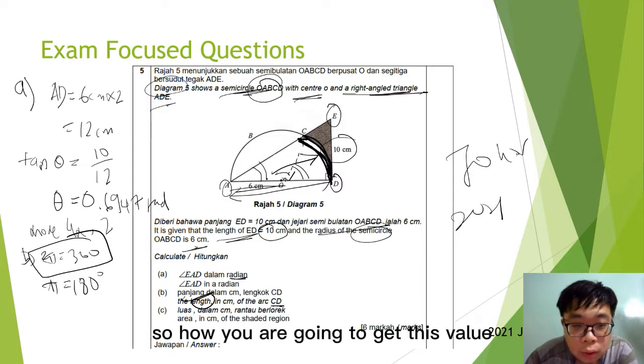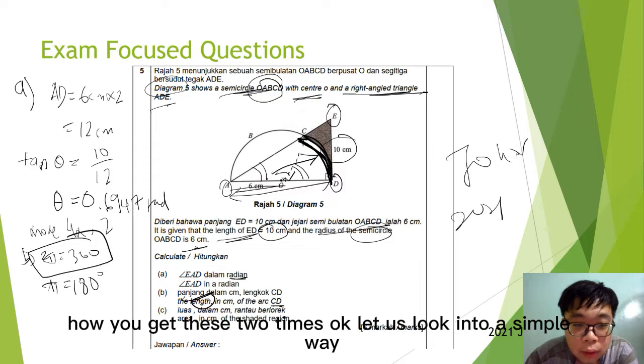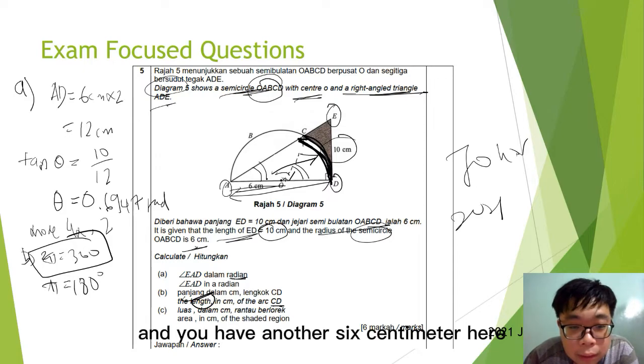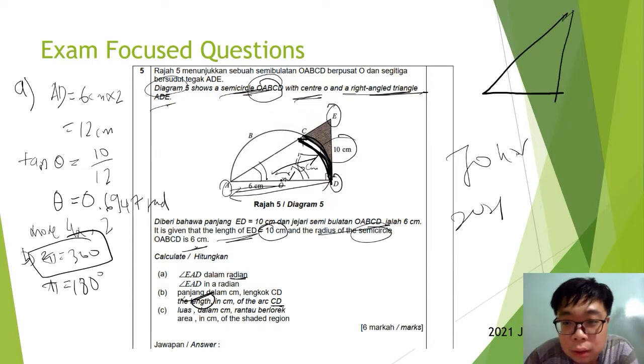So how are we going to get this value? We are going to use 2 times of this one. How do you get these 2 times? Okay, let us do it in a simple way. You have 6 centimeters here and another 6 centimeters here. So when you bring this out, this is actually an isosceles triangle.